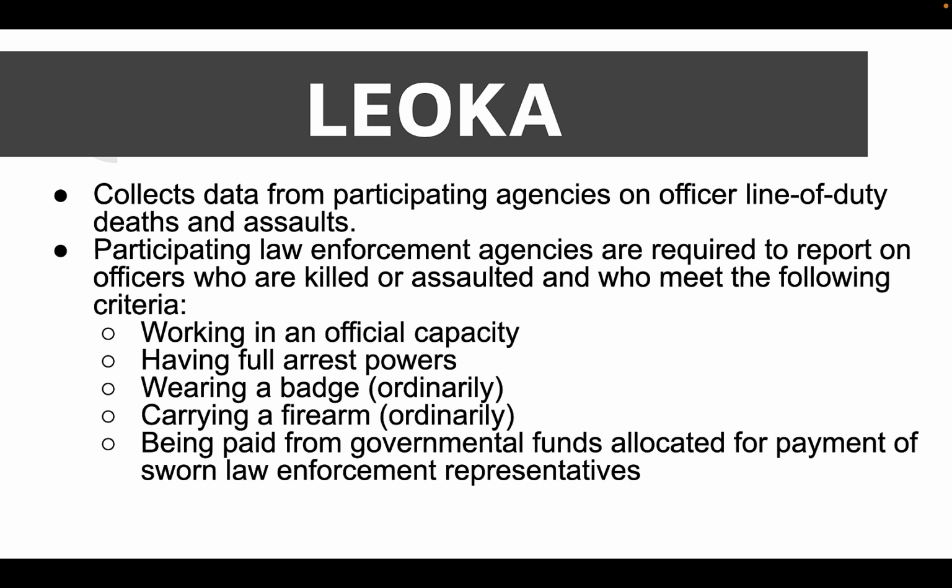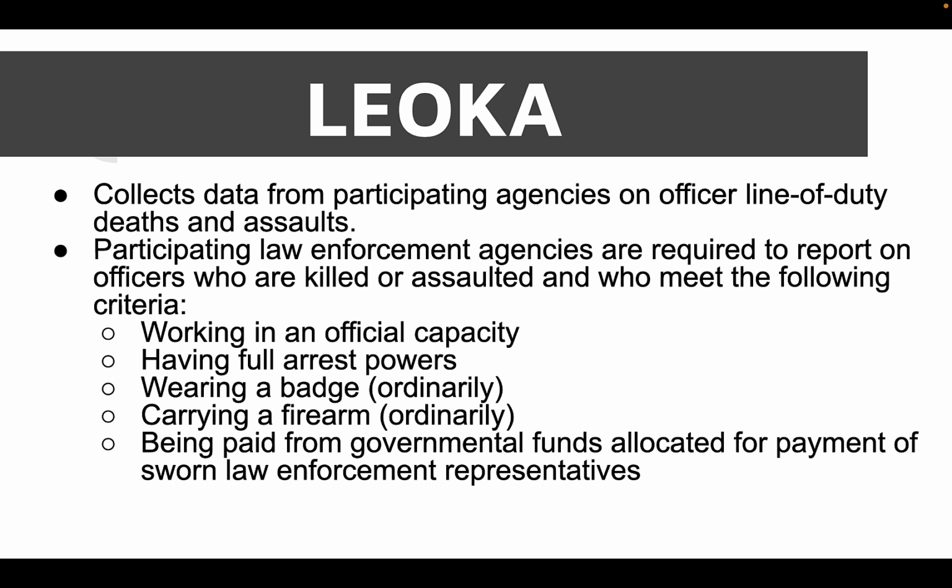And so, all the agencies that do participate with this information report on officers who were killed or assaulted that meet the following criteria. Either they worked in an official capacity, they have full arrest powers, oftentimes it's that they were wearing a badge or carrying a firearm and being paid by the government to basically represent the people in some law enforcement capacity.